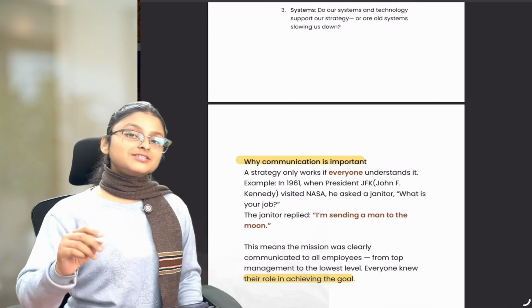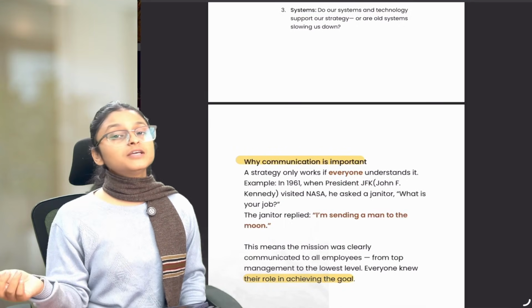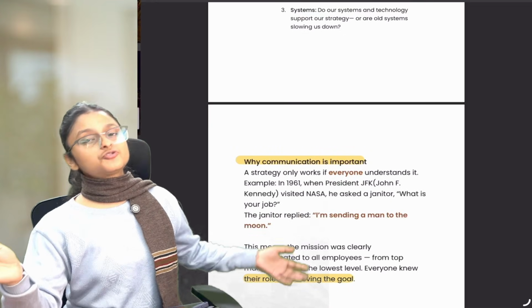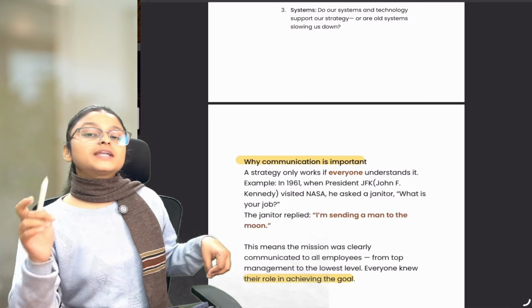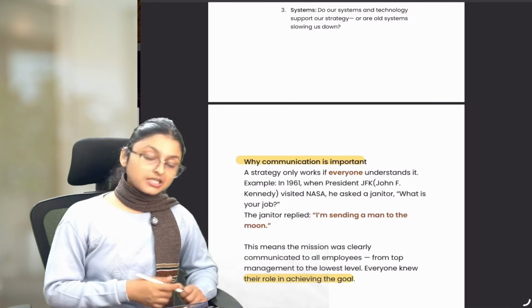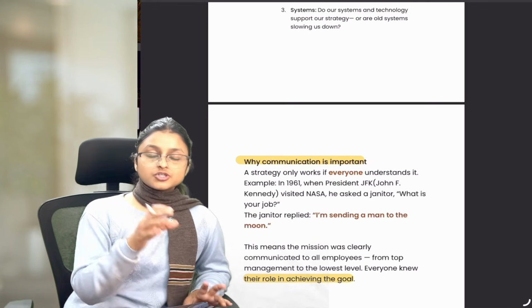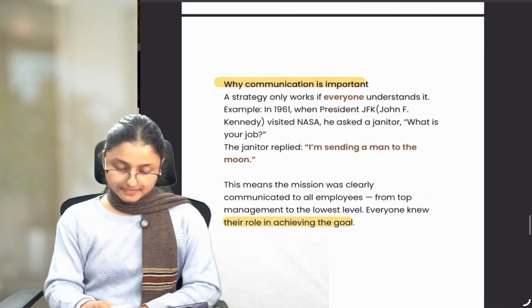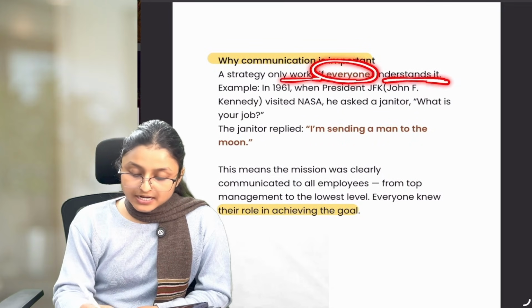If a strategy is not communicated properly, it will not be implemented properly and there will be no use of making a good strategy. A good strategy is beneficial for the organization only when it is communicated properly. Hence, communication plays a very important role, whether it's a normal strategy of the organization or a supply chain strategy. A strategy only works if everyone understands it.